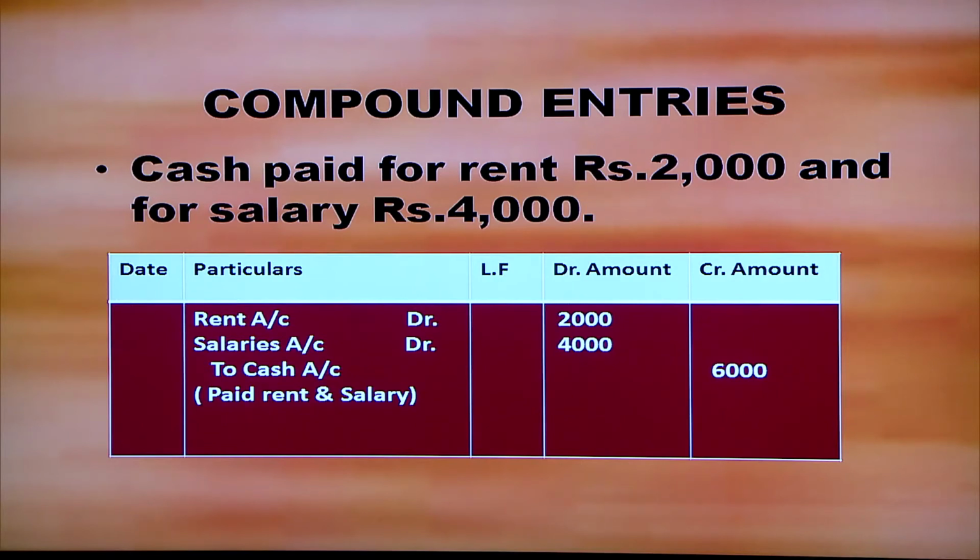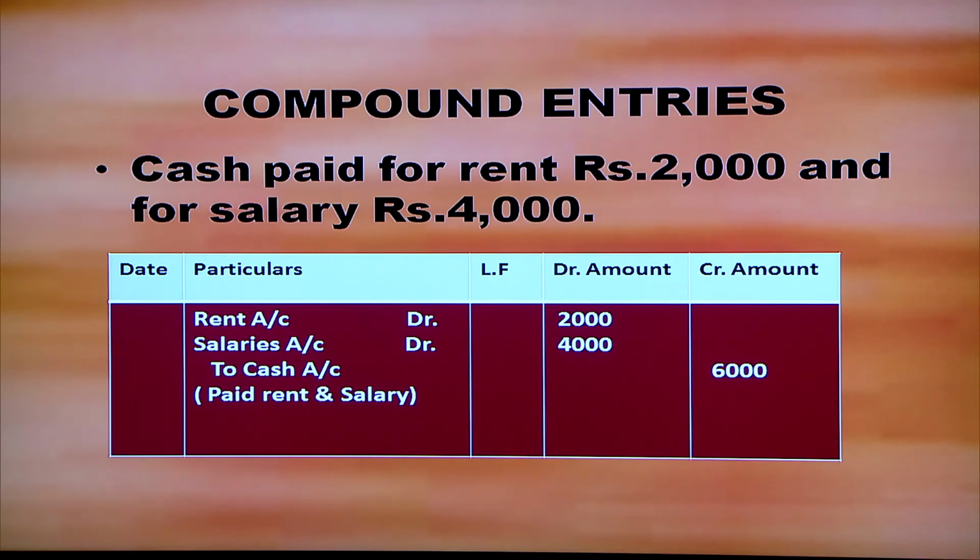Cash paid for rent rupees 2000 and for salary rupees 4000. If you are writing in the form of a compound entry, rent account debit 2000, salary account debit 4000, to cash 6000.